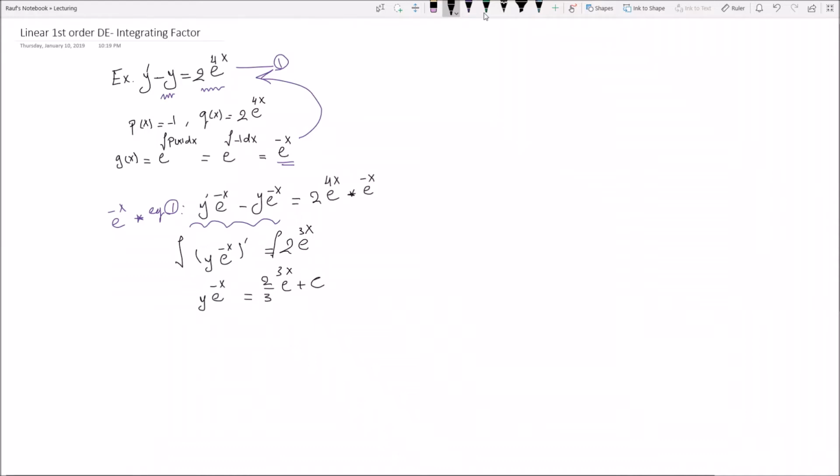Now keeping y alone on the left hand side can be achieved by dividing both sides of the equation by e to the power minus x.